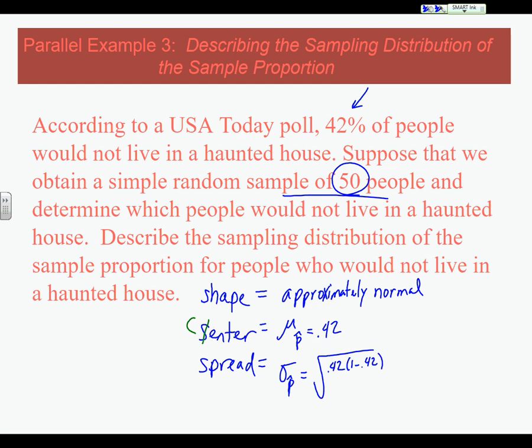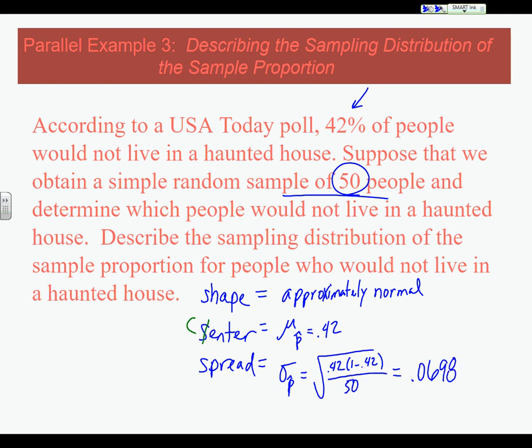I know that's 58%, and I got that by doing 1 minus 0.42. And I still divide by the square root of n. In this case, my n is 50, so I'm going to divide by the square root of 50. The square root covers the bottom, so I'll end up taking the square root of all of that. And that gave me 0.0698.